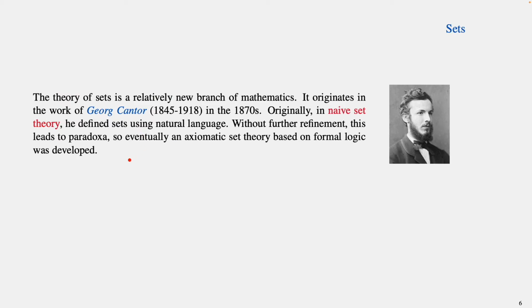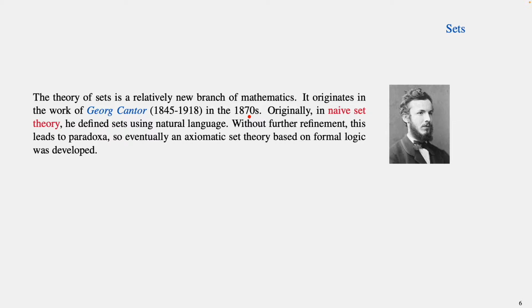First, let's review the definition of sets in naive set theory. As you may recall, the theory of sets is a relatively new branch of mathematics, and it originates from the 1870s and is due to the work of Georg Cantor.